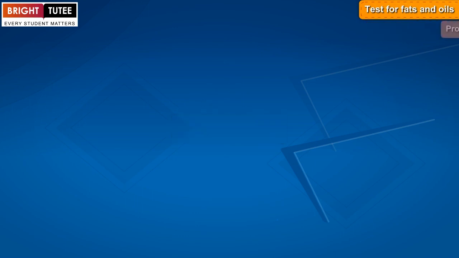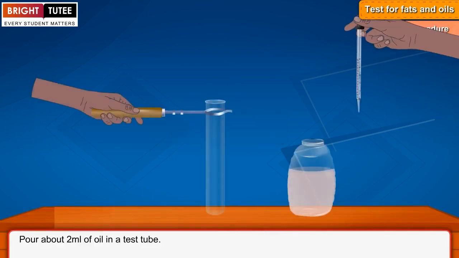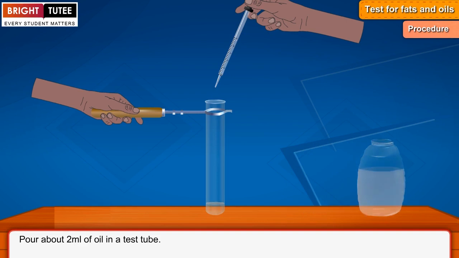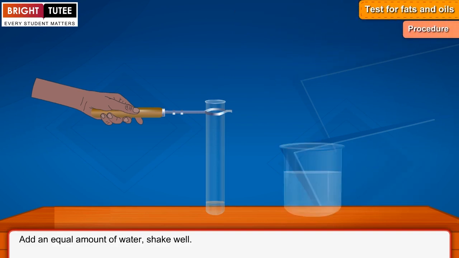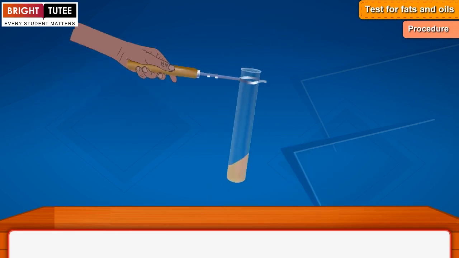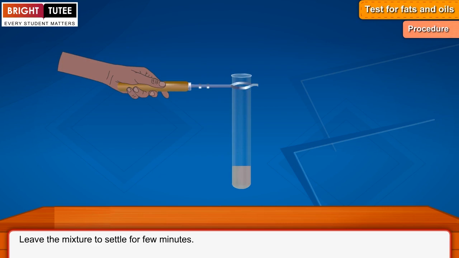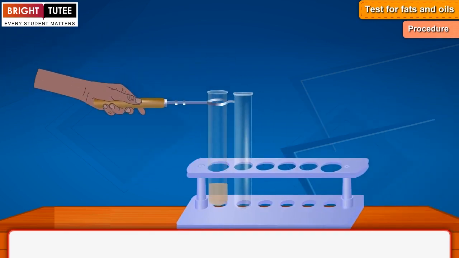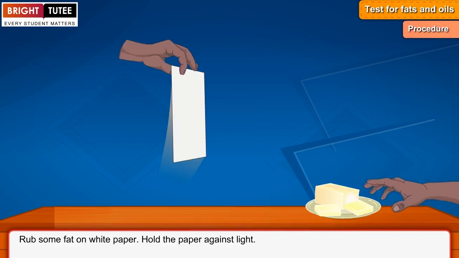Procedure: pour about 2 ml of oil in a test tube. Add an equal amount of water and shake well. Leave the mixture to settle for a few minutes. Rub some fat on white paper.